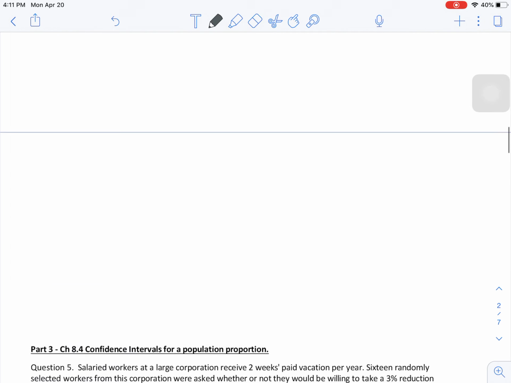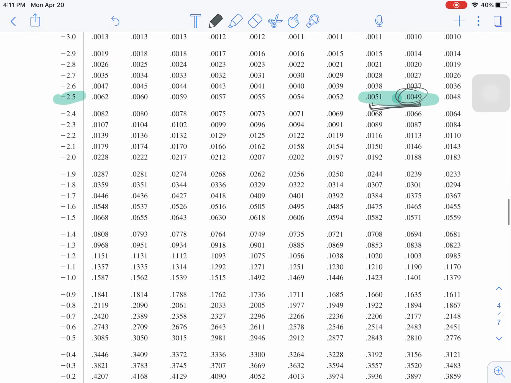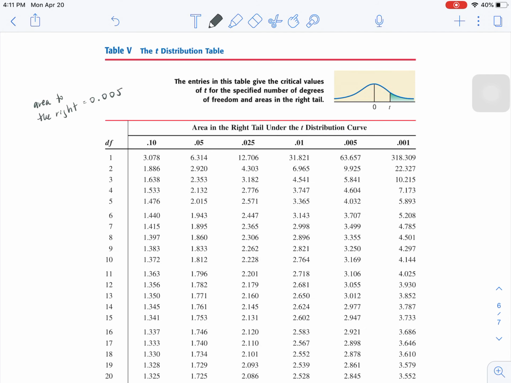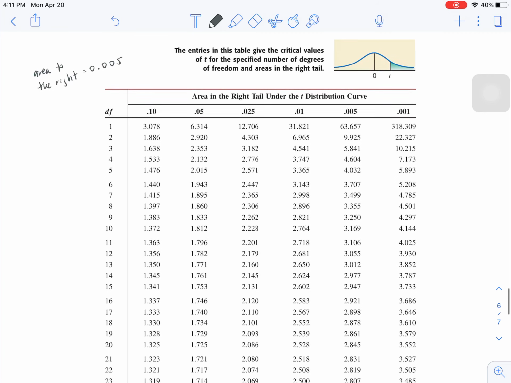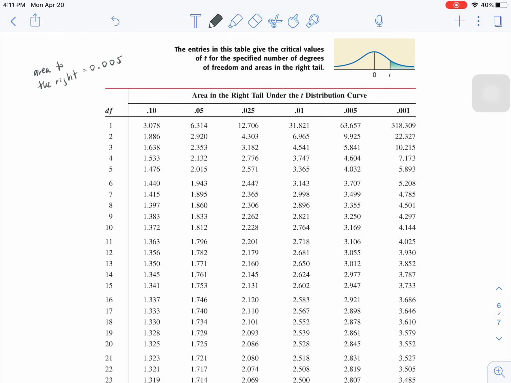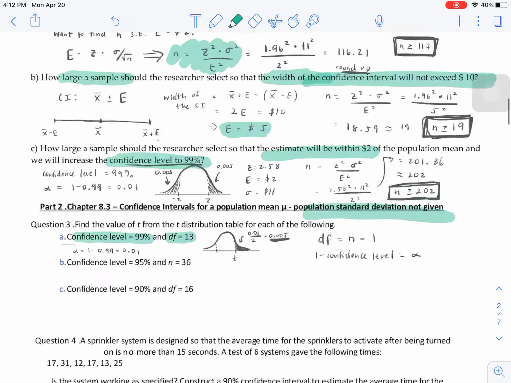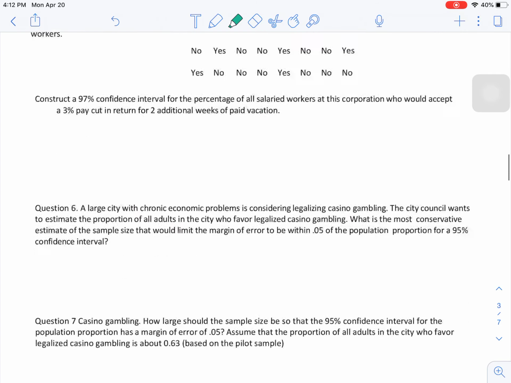So let me go down to my t table. So I wanted, remember, area to the right of 0.005, half of 1%. And you'll notice that the t table is in terms of areas to the right, unlike the normal table. So 0.005 is this column. And what was my degrees of freedom here? It was 13.